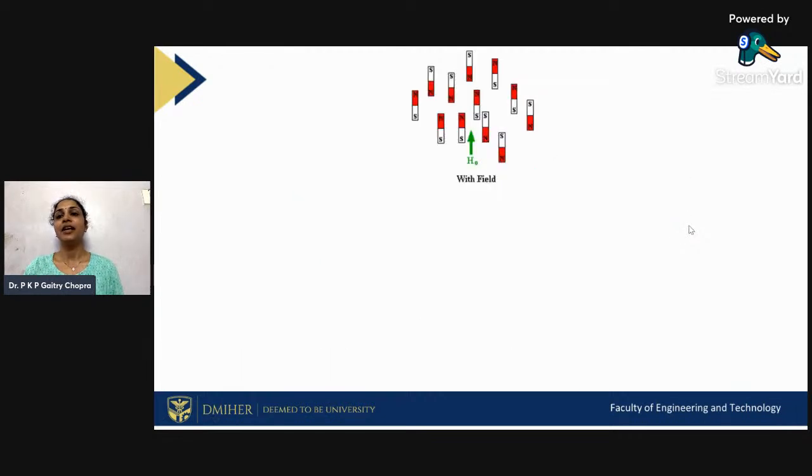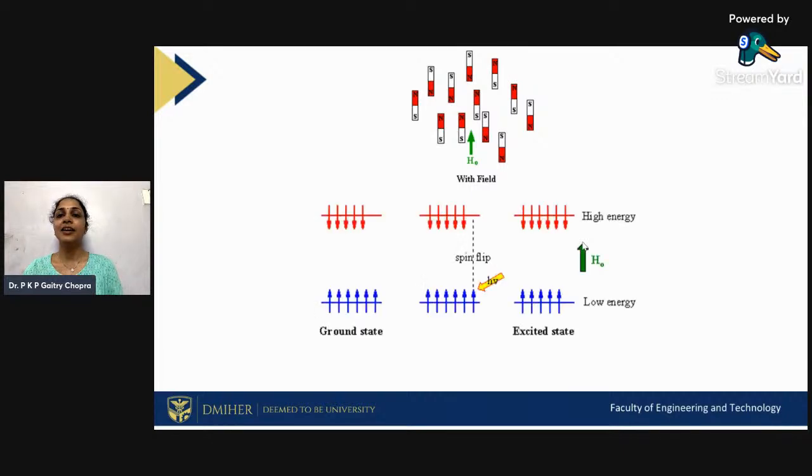So here again, we are applying the magnetic field so that the nuclei are oriented either parallel or anti-parallel. Next. Here, the very first is the ground state.